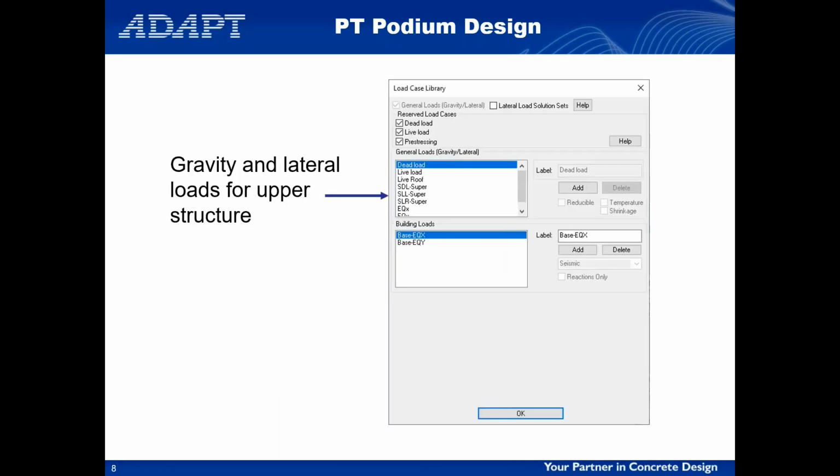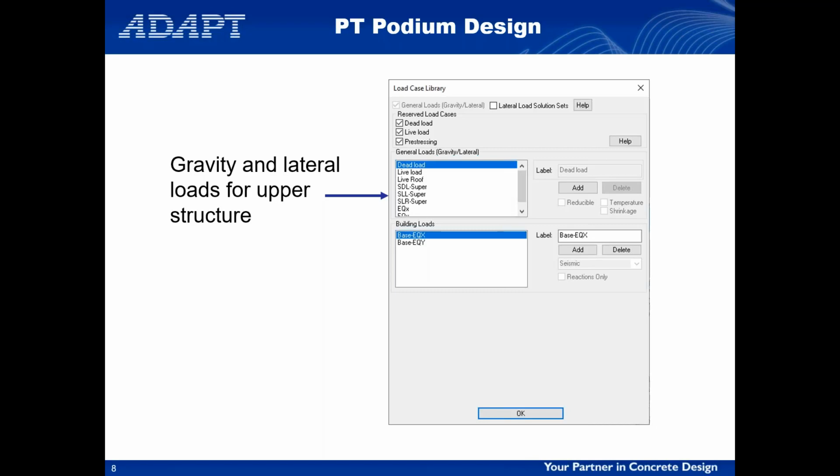What I mean by that is, I've opened here the user interface for the load case library. On the top part of this example project, you will see the dead and live loads, which are self-explanatory.